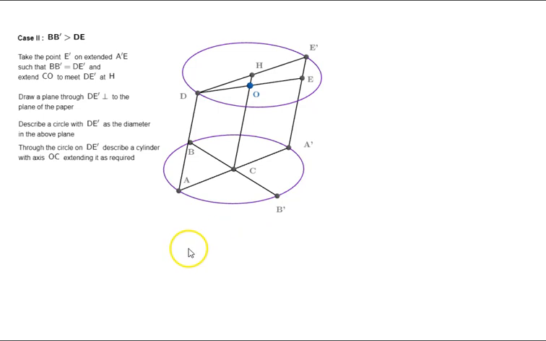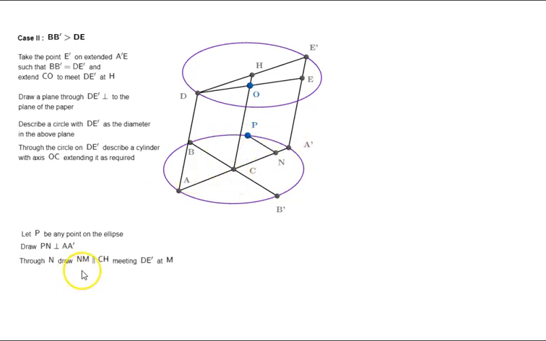Now we have to prove that fact, that the cylinder passes through the circumference of the ellipse. So for that, we take a point P on the ellipse. Draw PN perpendicular to A prime.